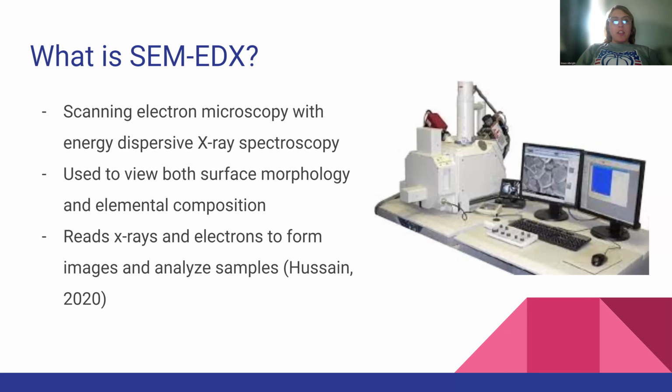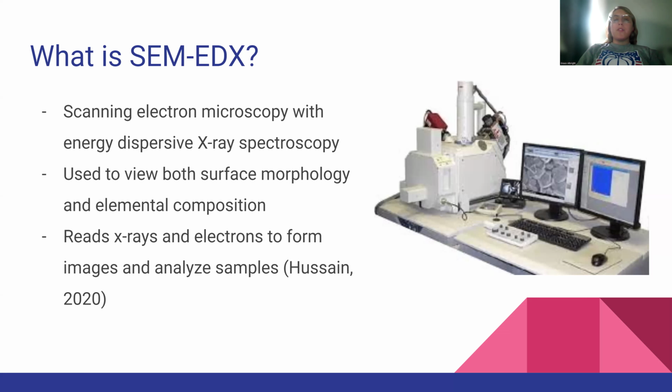Before we actually go into the validation study that I chose, it's important to understand what exactly it is we are validating. To start off, what is SEM EDX? SEM EDX stands for scanning electron microscopy with energy dispersive X-ray spectroscopy. So it's scanning electron microscopy, but coupled with energy dispersive X-ray spectroscopy.